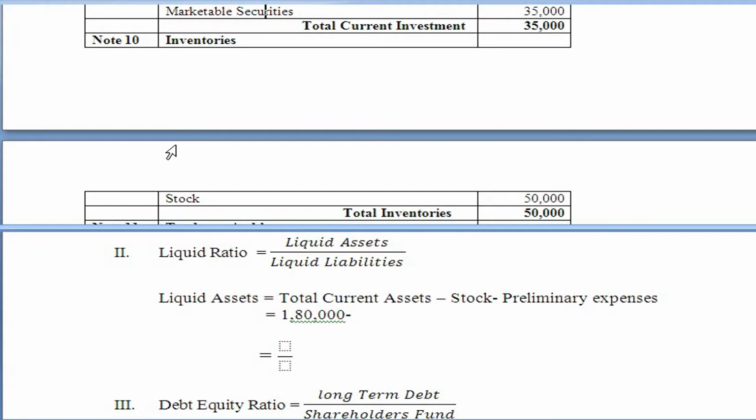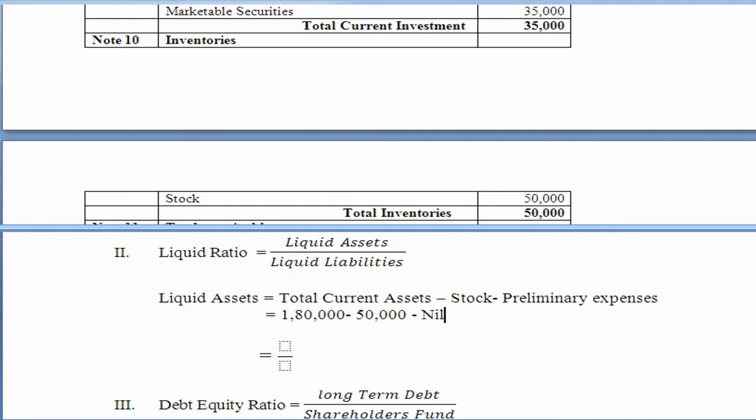In inventories, we have stock of rupees 50,000. Understood? Minus preliminary expenses, which is not given in the problem.